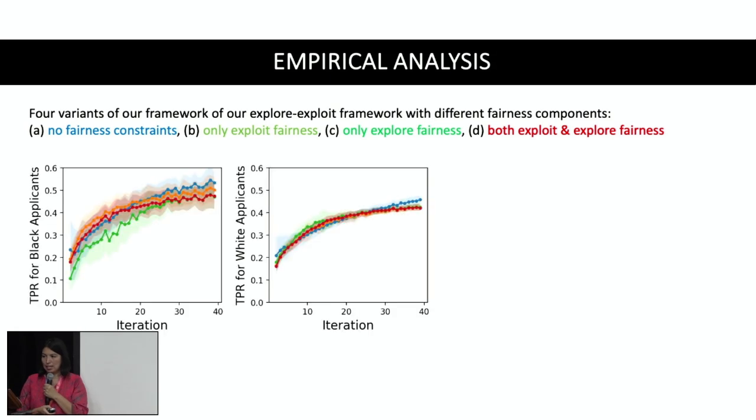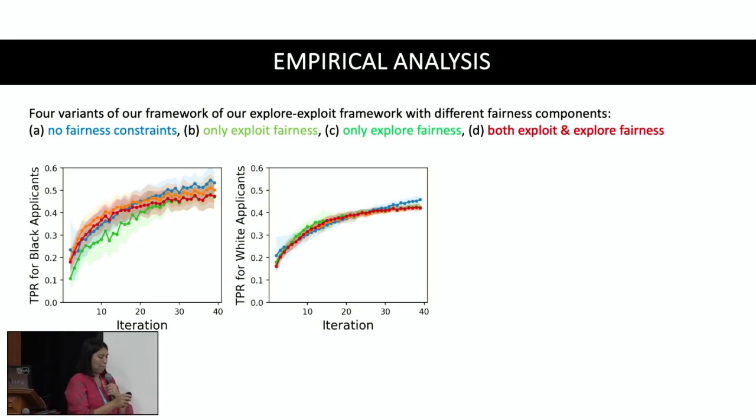In any of these cases, what we see is that as we have more and more iterations, the true positive rate is going to increase, and it will increase for both black applicants and for white applicants.